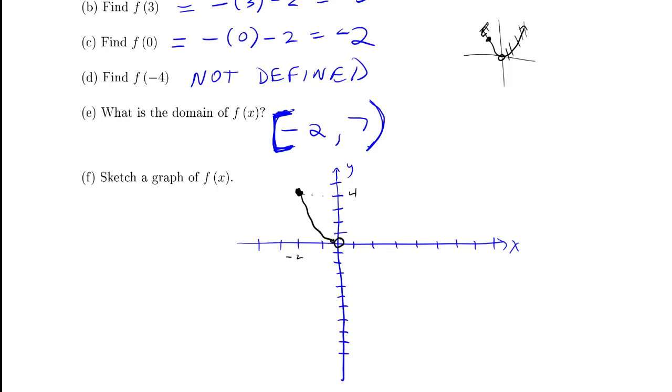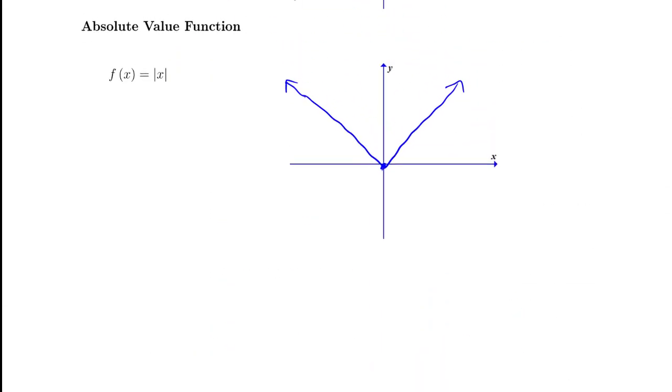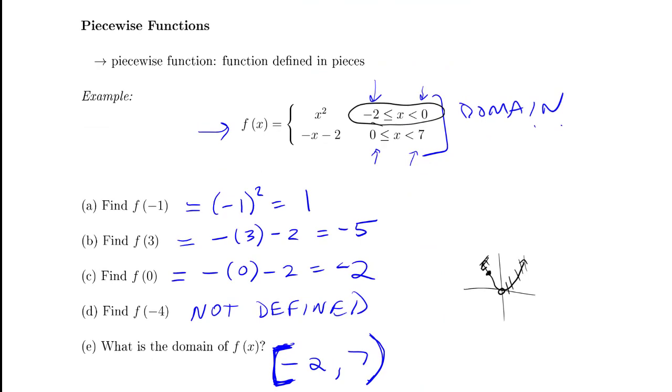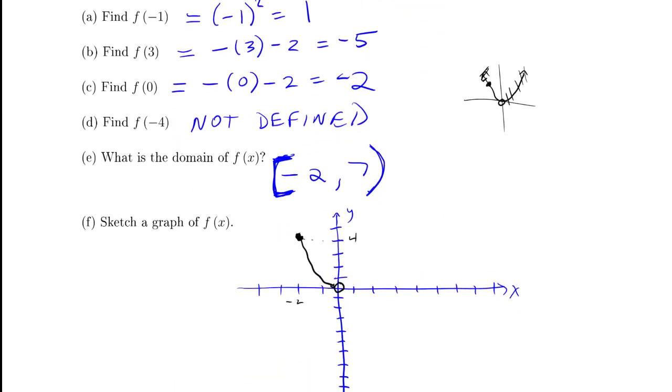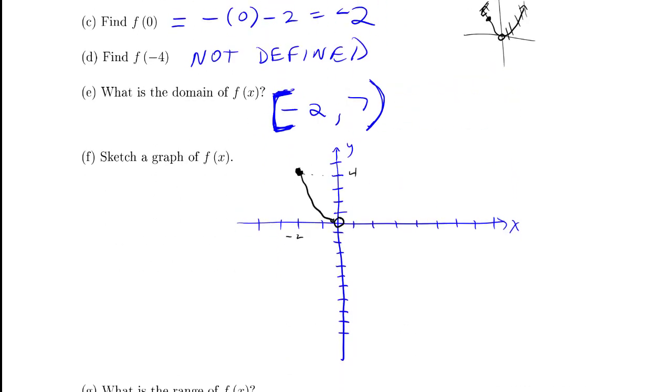Okay, so now what about the other piece? Well, the other piece was, whoops, missed it, -x minus 2 from 0 to 7. Well, -x minus 2, that's just a line with a y-intercept of -2 and a slope of -1.